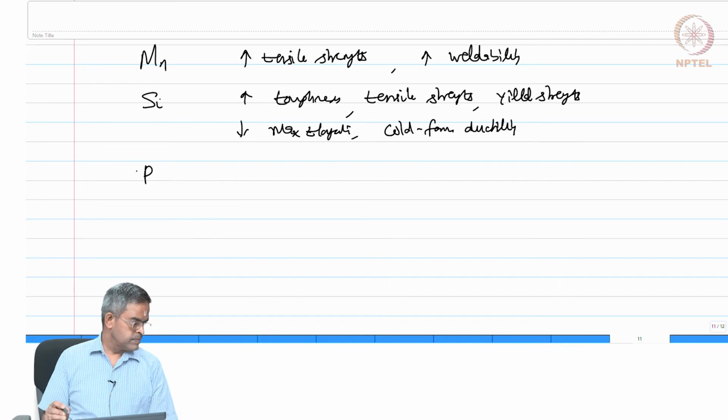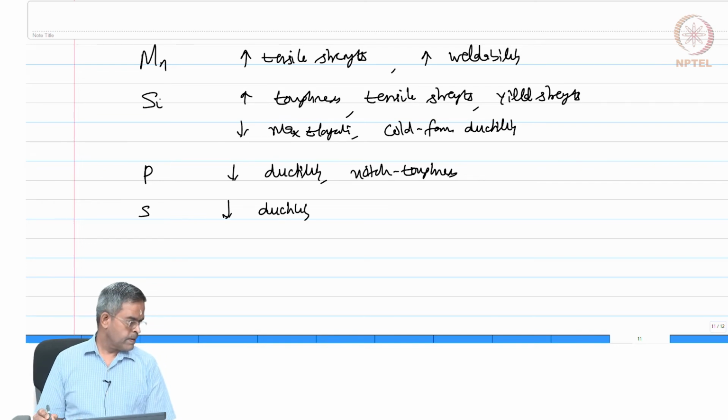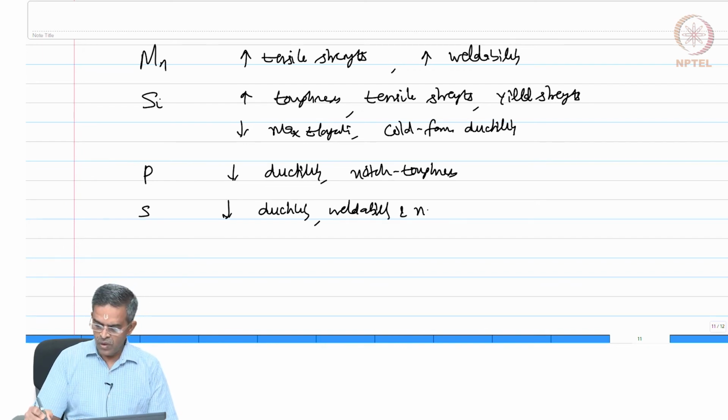Phosphor decreases ductility and notch toughness. We have heard about this, we know how they are important in classifying steel. Sulfur decreases ductility, weldability and notch toughness.